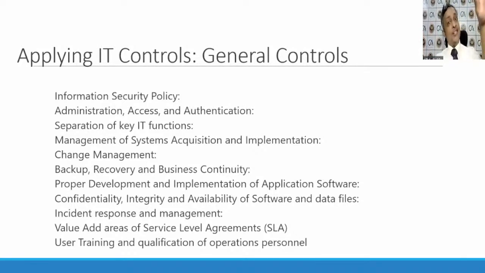It becomes my policy framework. Now that policy needs to be implemented. So when top management decides to ensure password is a secured mechanism, then you create a biometric system.